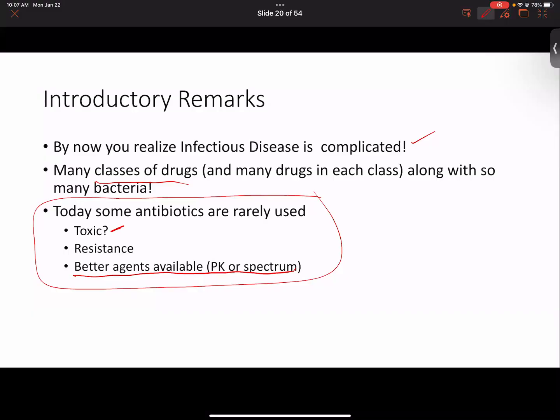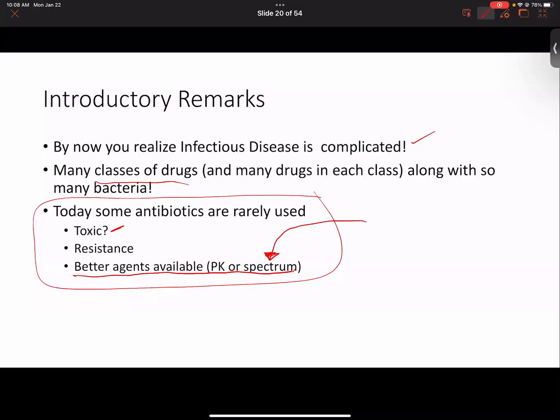To go in there and hang a new bag every 4 hours takes a lot of time and resources. 6 hours as well. And we have antibiotics out there these days that we only have to give 1 dose of, and it lasts a week. We have antifungals that can be given once weekly. All you need is 2 doses to take care of the infection. So from a PK perspective, we keep coming out with clever ways to circumvent the need for multiple administrations.